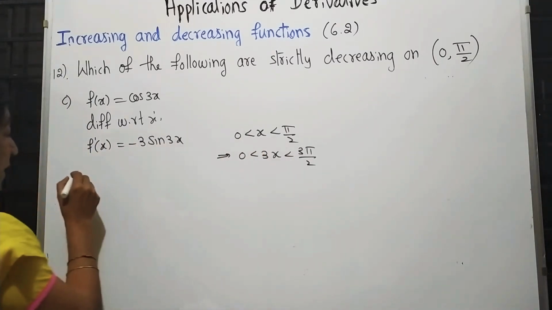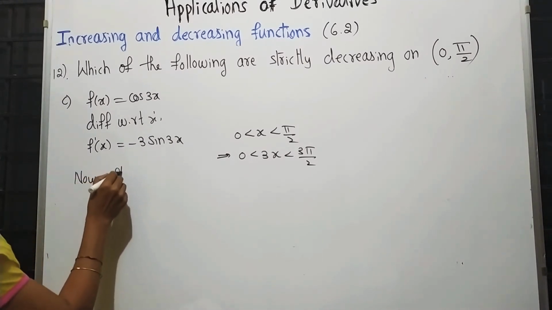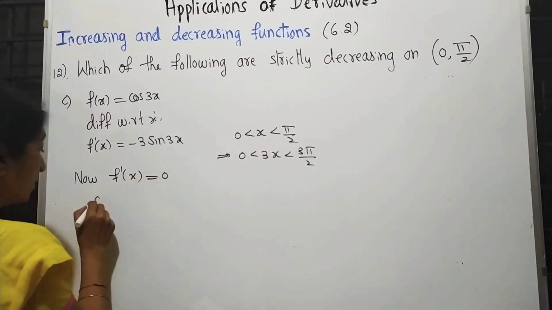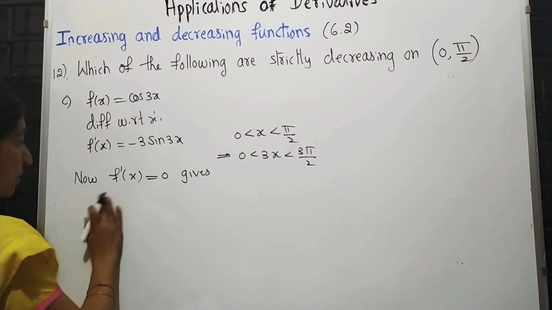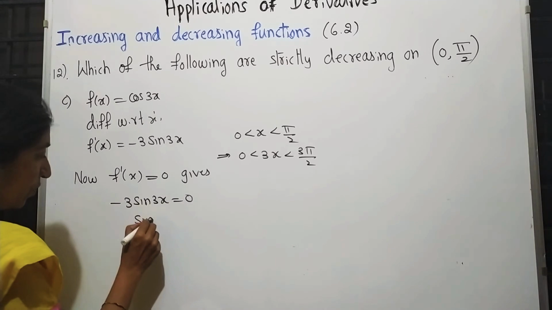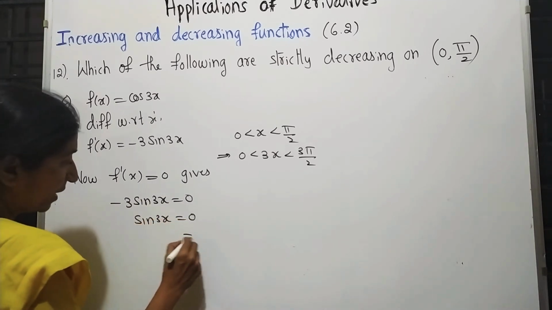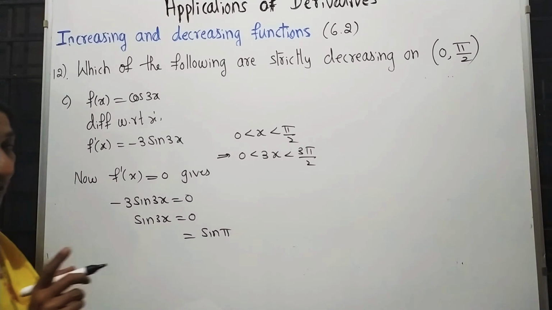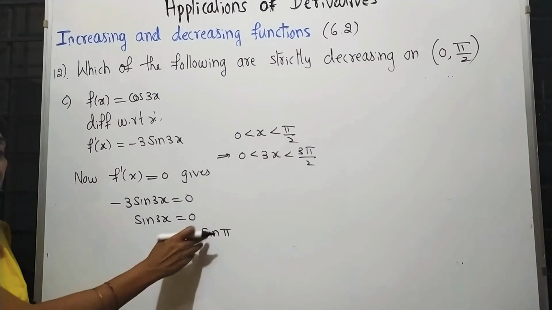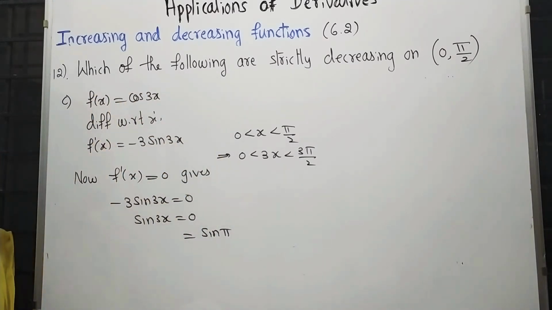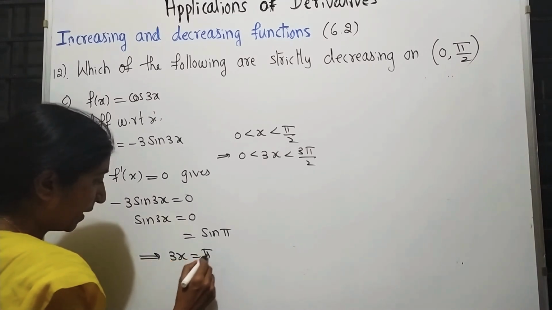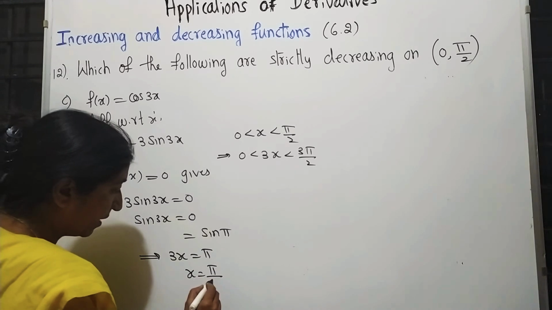That's why I am taking that. In the previous first and second they are positive, no need to check. Here 0 gives minus 3 sin 3x is equal to 0 or sin 3x is equal to 0, and that is nothing but I am taking sin pi. Understood why we took pi? It is in between 0 to 3 pi by 2, 0 to 270. And sin 0 is 0, but it is an open interval, we cannot take 0. This implies 3x is equal to pi, x is equal to pi by 3.